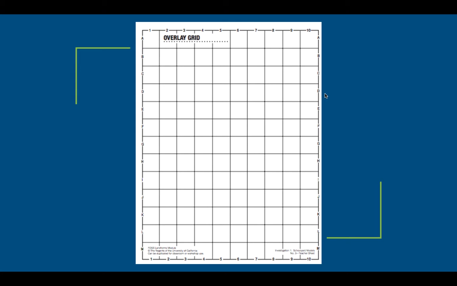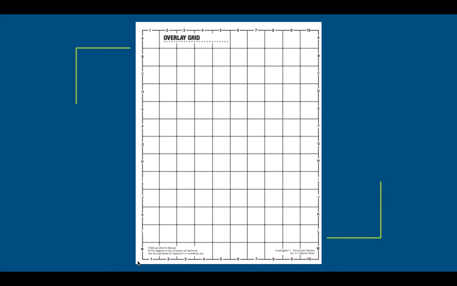So you will take the overlay grid that looks like this, and you will tape it above your model. So hopefully you followed directions and did not build your model too high. Set the overlay on top of your model, tape it in the corners so that it doesn't sink down on you, or at least doesn't sink down very much.